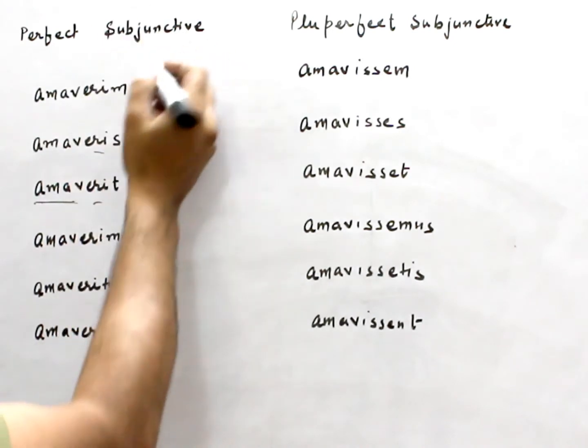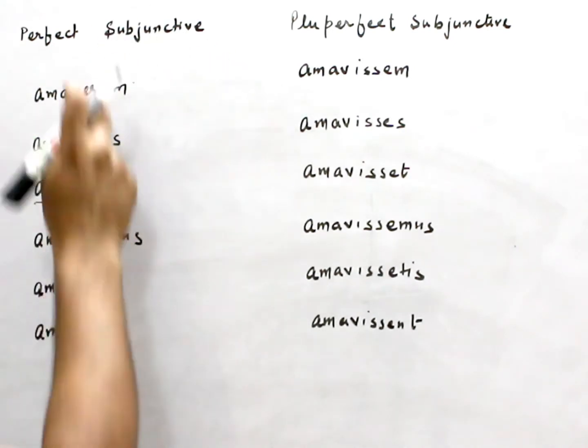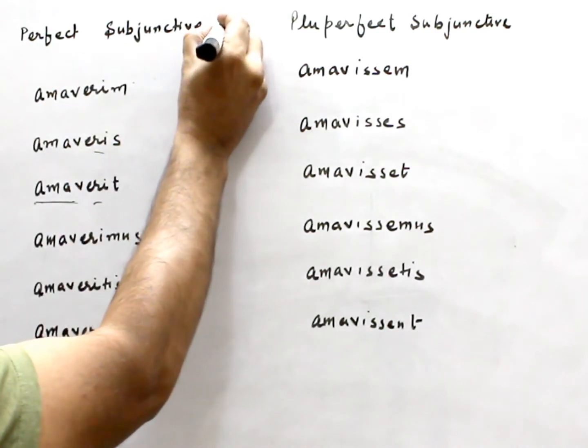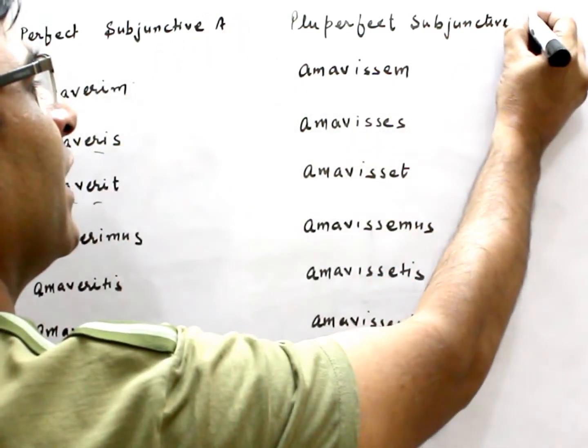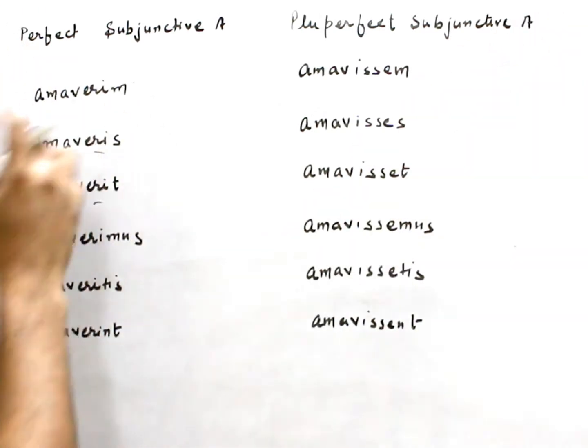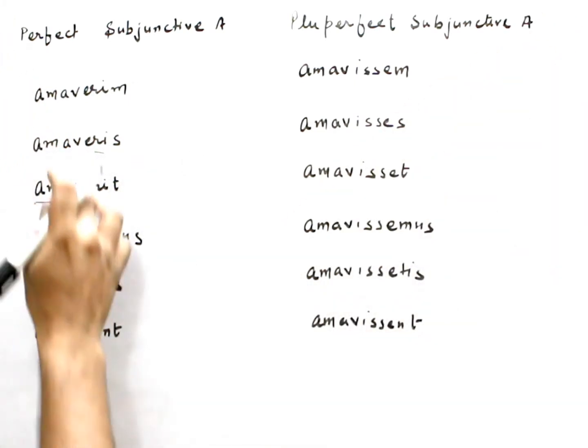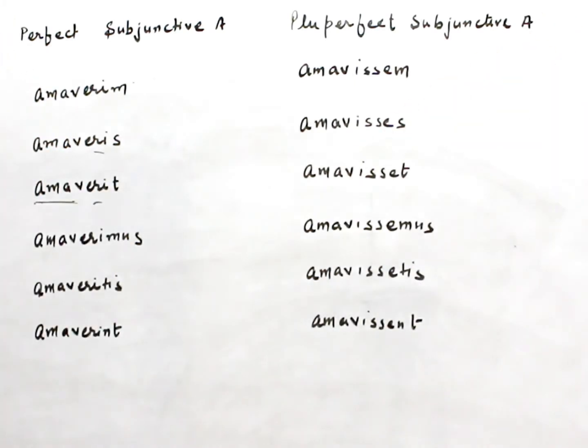This is the indicative or active case, but the passive subjunctive, that means, you can say, both are active, but if I want to make it passive, then how? The passive verb is amatum. So amatum will be changed, it becomes like, what is the passive?